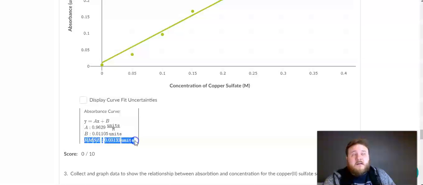RMSE, ideally, we want this to be as close to 0 as possible. You might also see R squared, maybe you've seen it in Excel or Google Sheets. R squared is similar to RMSE, but they're different.